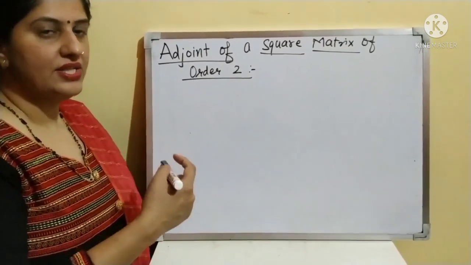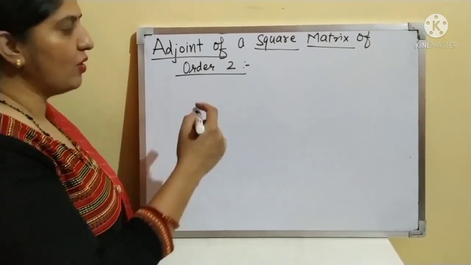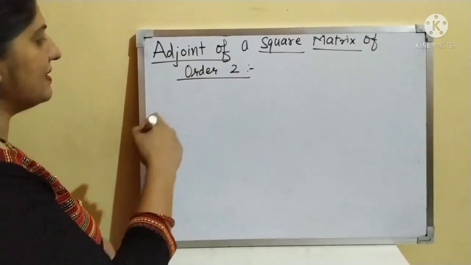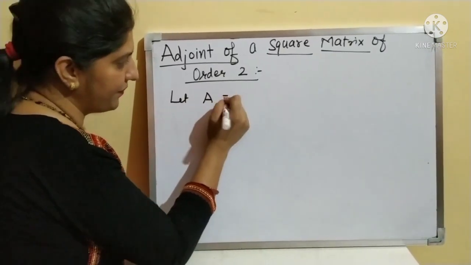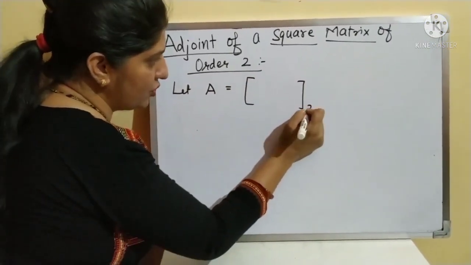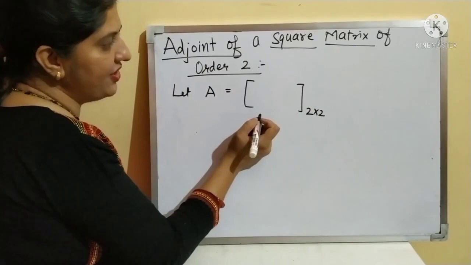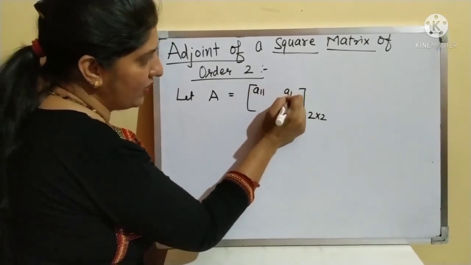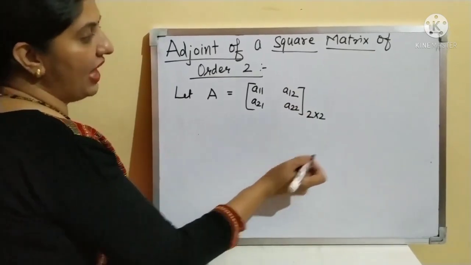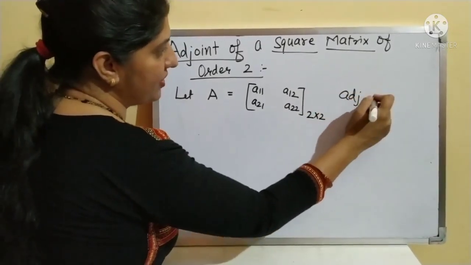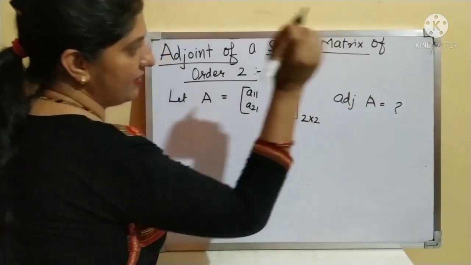How we can calculate adjoint of a matrix of order 2. Let us consider a matrix capital A of order 2 with entries a11, a12, a21, a22. We have to find adjoint of given matrix A.